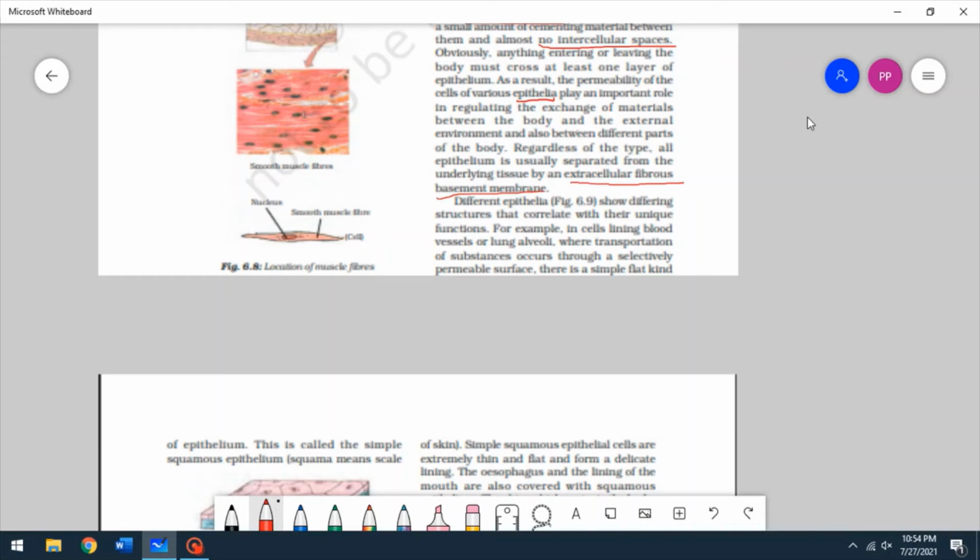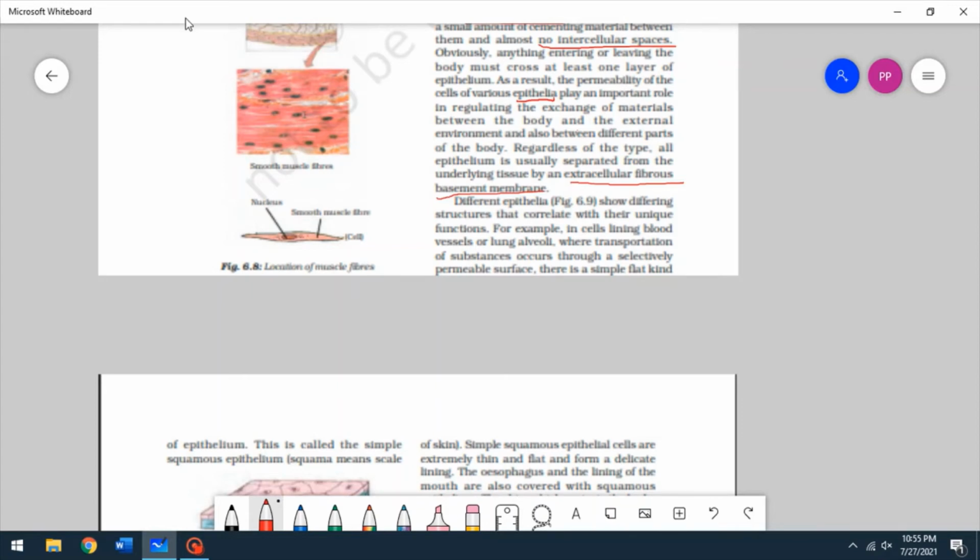Alright, so different epithelia show differing structures that correlate with their unique functions. So if one tissue has to perform a specific function, it will have a structure that helps that tissue perform its function. And if there is another epithelial tissue with a different function, it will have a different structure that will help it perform its own function.